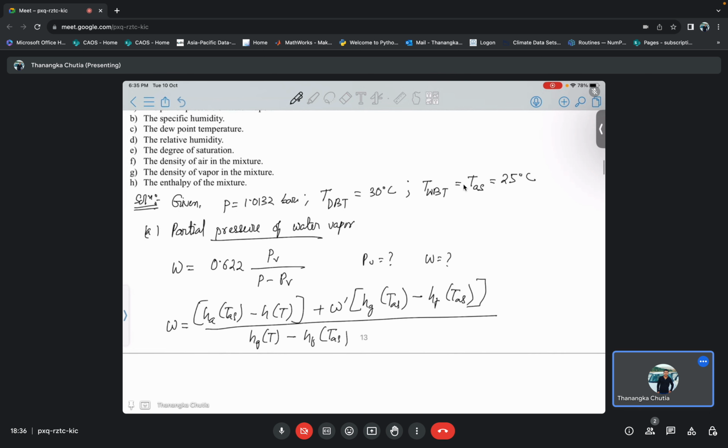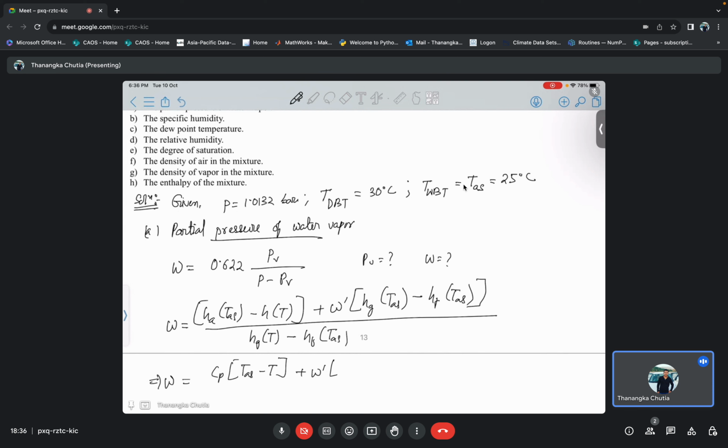Now this numerator I can also change. I can write this as Cp times TAS minus T. Yes or no? Because this is nothing but of the dry air. Plus W prime.